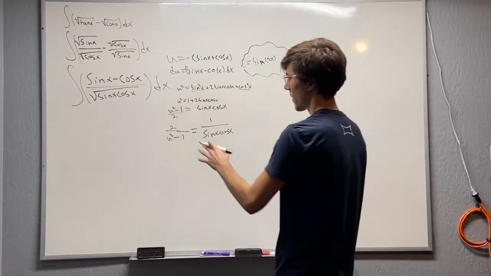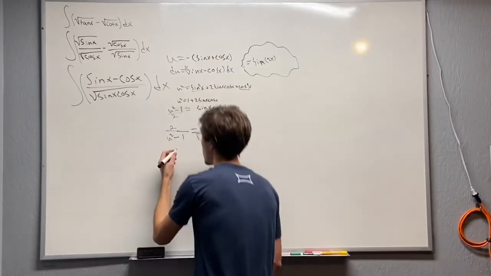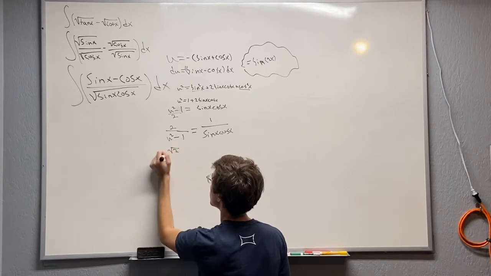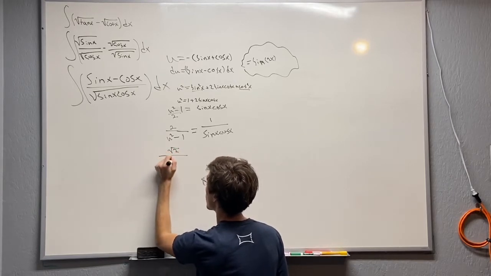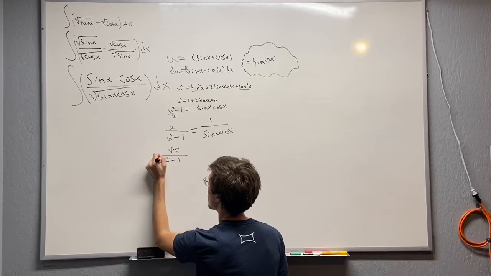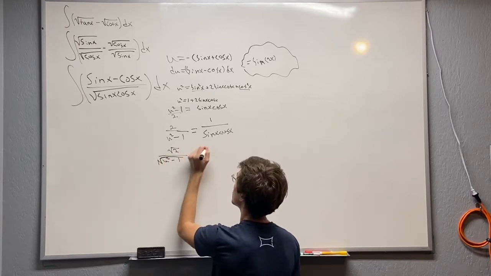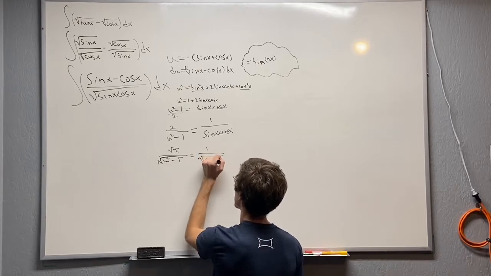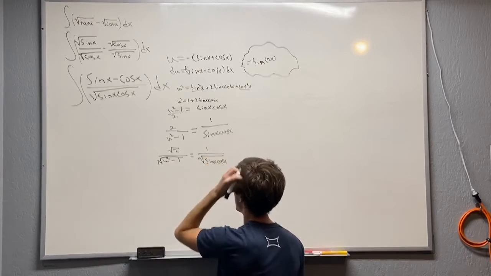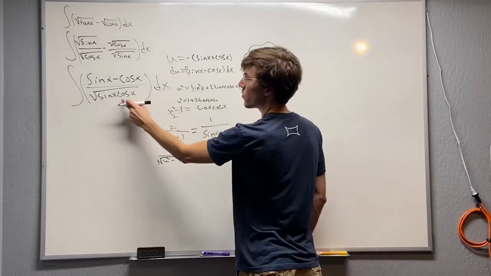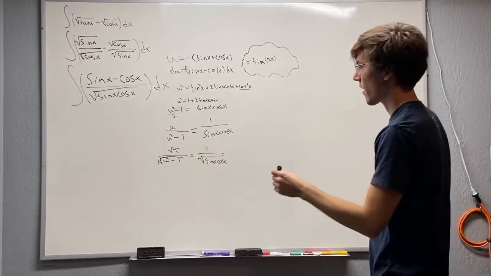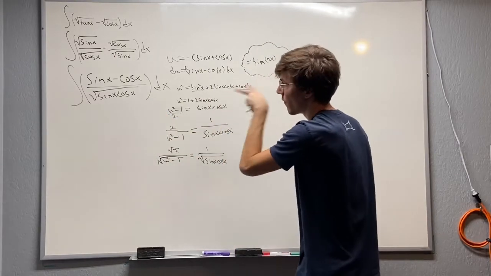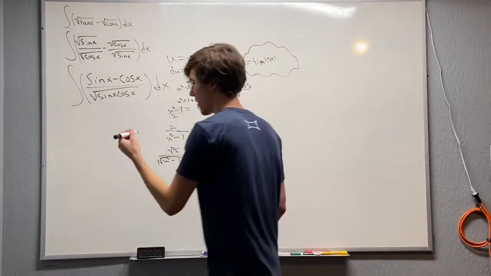And then if we take the square root of everything, we're going to get root 2 over u squared minus 1, the square root of that as well, is equal to 1 over the square root of the sine of x times the cosine of x, which, woohoo, it is over there. So now we have got all the components that we can put back together and fill our u sub into this integral. So let's do that.